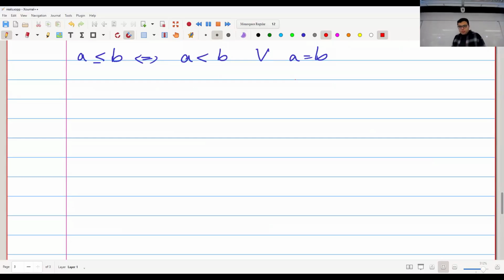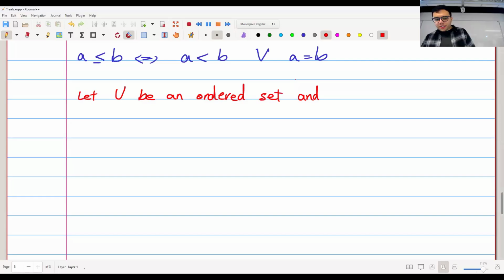Okay. But now I want to make this a little bit more complicated. I want to say this. Let U, our universe, be an ordered set. And suppose that I have a subset. So A is a subset of my universe U. Okay.